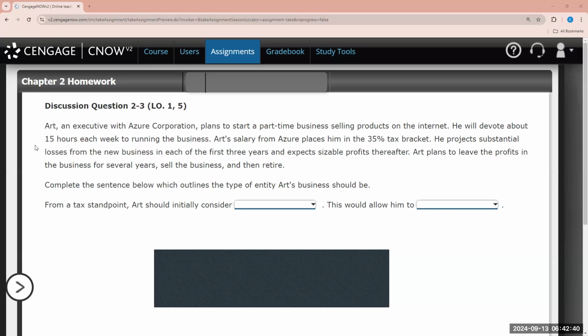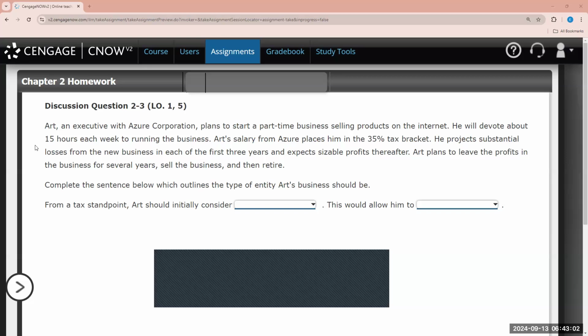We have LLCs. So whenever an individual decides they want to start a business, one of the first things they need to do is to determine what is going to be the form of the business, the structure of the business, because for federal income tax purposes, the distinctions between these forms of businesses have a significant impact, right?